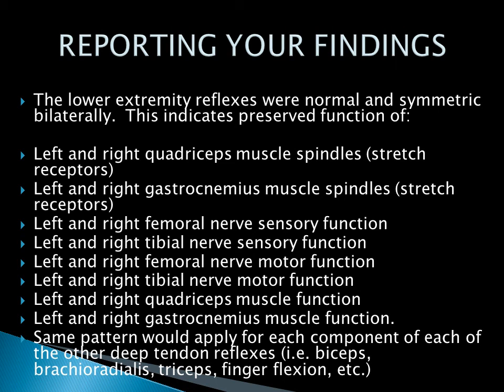And so let's go back to those 6 components of a reflex arc. If you think back to the 6 components of a reflex arc, many structures have to be working correctly in order to produce a brisk, or what we would consider to be a normal reflex.